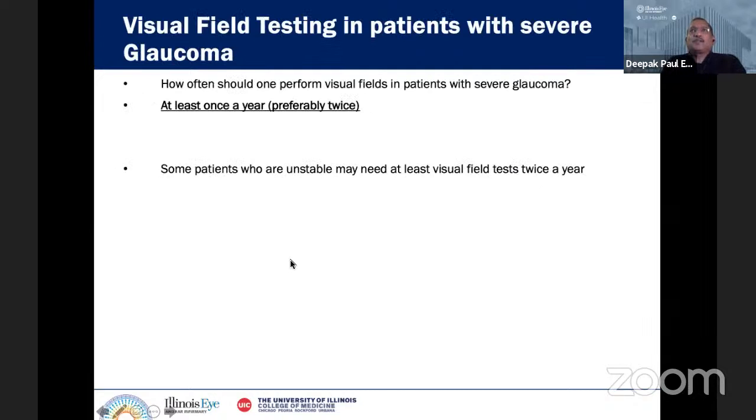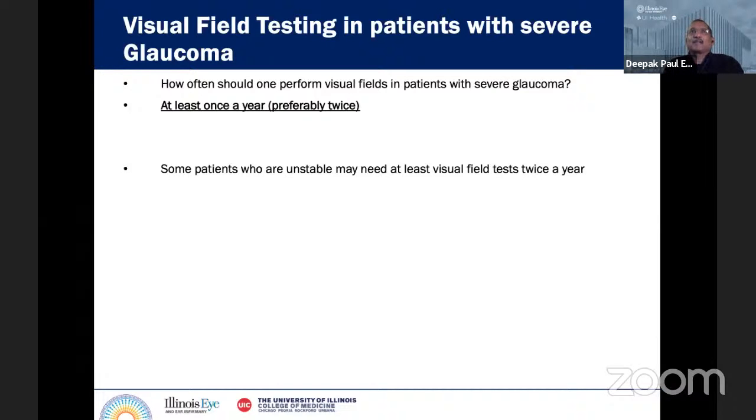So how often should you perform visual fields? As I pointed out before, you need several fields to determine baseline. Sometimes we have the luxury of doing that, and sometimes we don't. In a referral practice like mine, we often see patients who had all of that done elsewhere. Sometimes we have the medical records, and sometimes we don't.